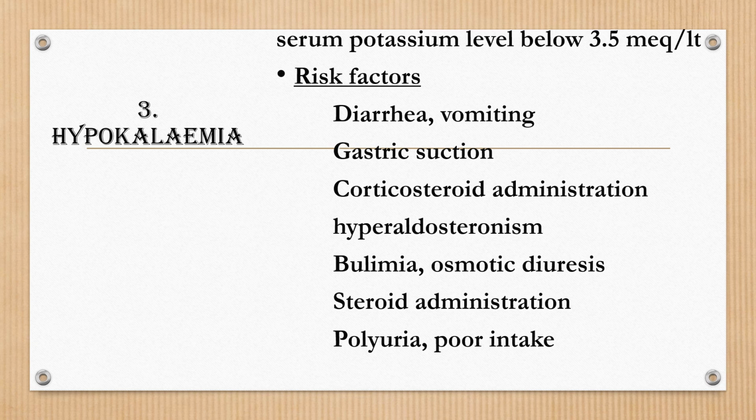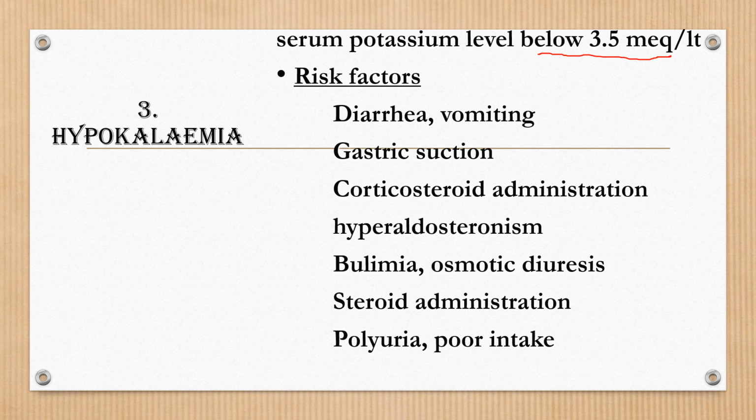Then the third aspect is the change in potassium level, that is hypokalemia. Decreased serum potassium level is termed as hypokalemia. Here the serum potassium level is less than 3.5 milliequivalent per liter. As we know the normal serum potassium level is 3.5 to 5.5 milliequivalent per liter.